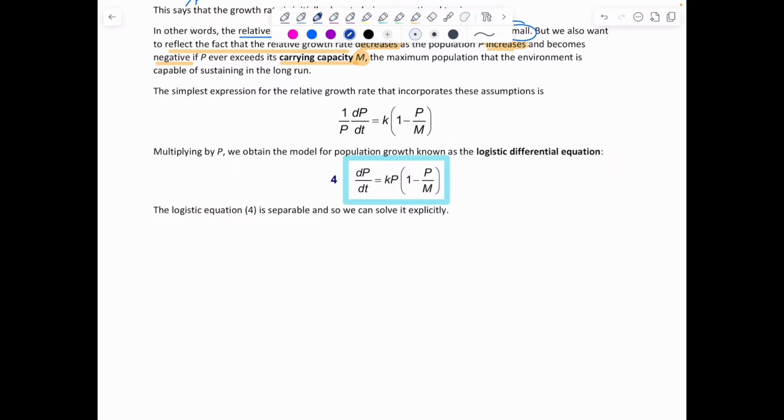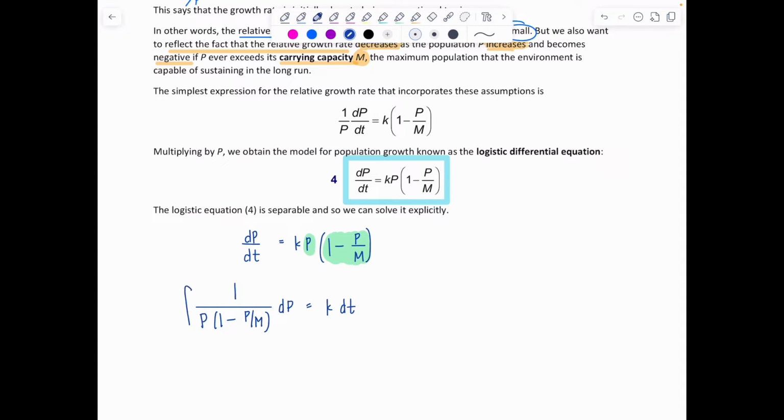We have dP/dt equals kP times 1 minus P over M. All of these terms are a function of P. M is just a constant, k is just a constant, so I'm going to move them over to the left along with dP, and dt gets moved over there. So now I have 1 over P times 1 minus P over M dP equals k dt.